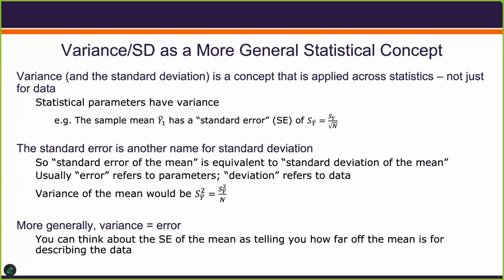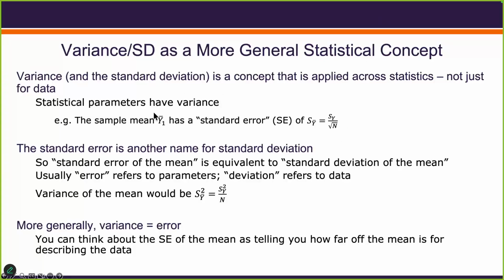Okay. All right. So this idea of variance or standard deviation is a more general statistical concept, because we just used it to describe our data. In fact, in an introductory statistics class, shortly after we teach the standard deviation, we often talk about the standard error of the mean, because we form it using the standard deviation of the variable divided by the square root of n.